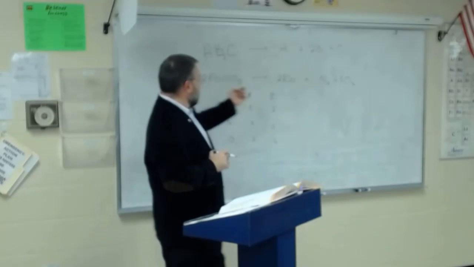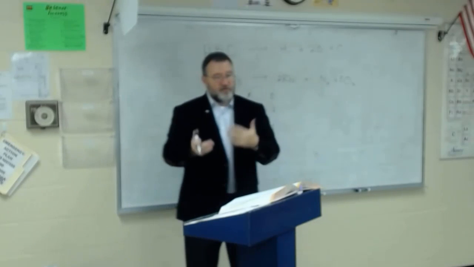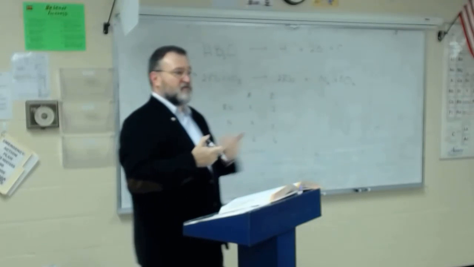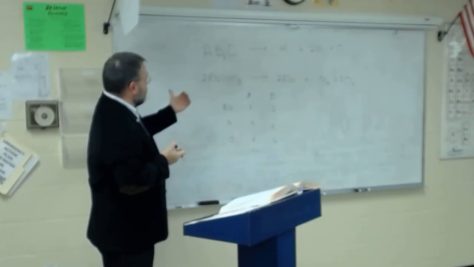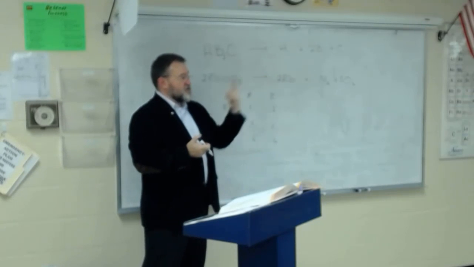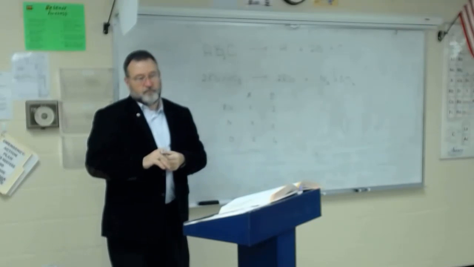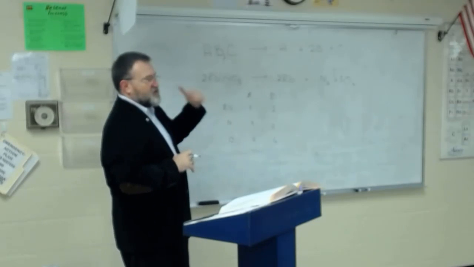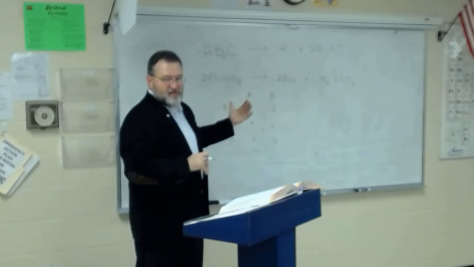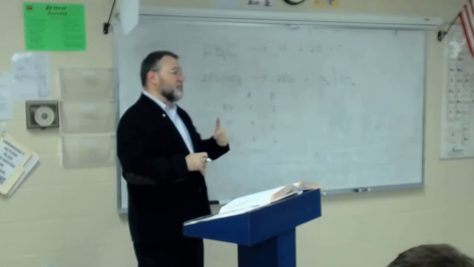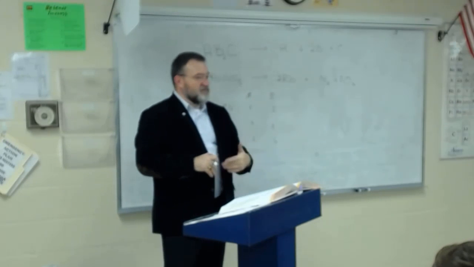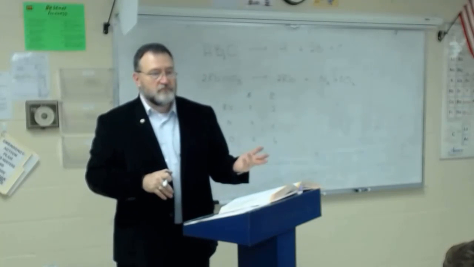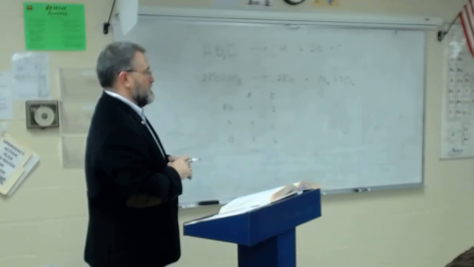If I see a 2 and a 3 and a 1, there's no common factors between them other than 1. And if the only common factor between all the coefficients is 1, I'm done. If they were all divisible by 2, or all divisible by 3, whatever the case may be, the easy cleanup is to go through, see that they're all even, divide by 2, and then go from there.